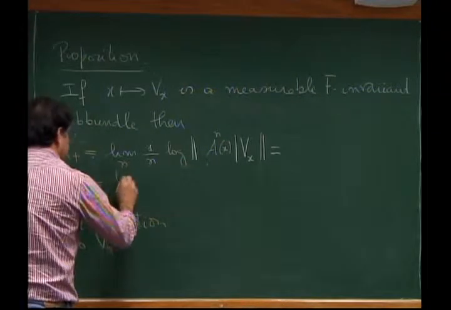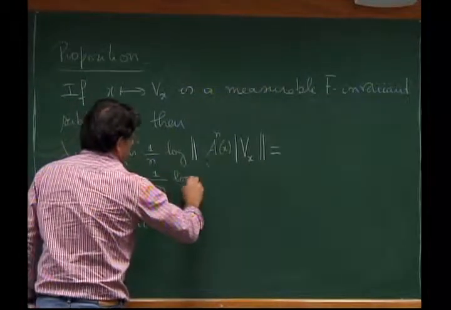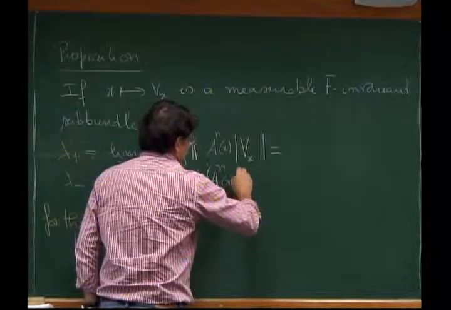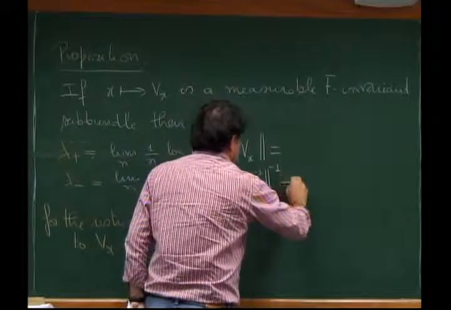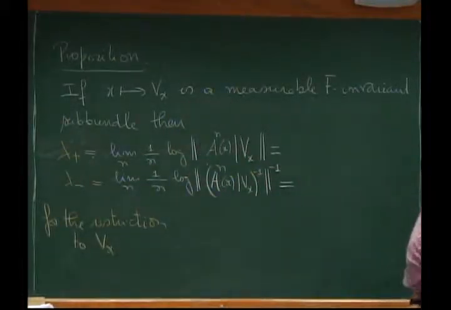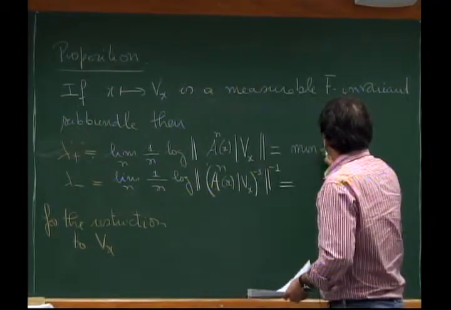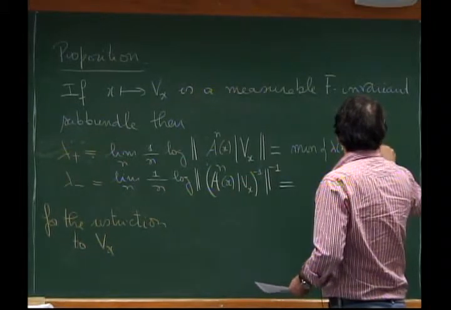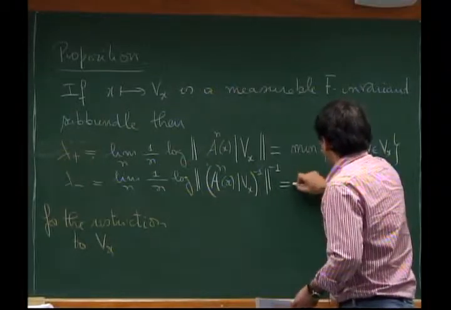So these two limits for the restriction of the cocycle to this invariant subbundle exist, and they are precisely the minimum of all lambda of x, v with v in Vx, and the maximum.